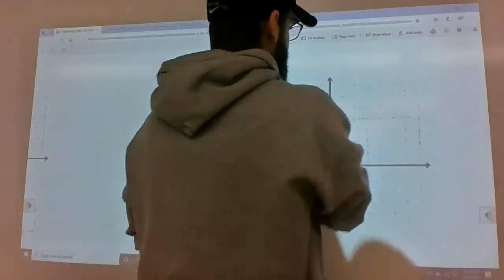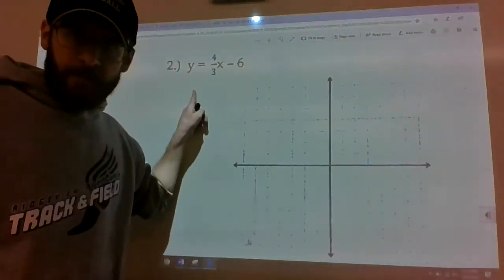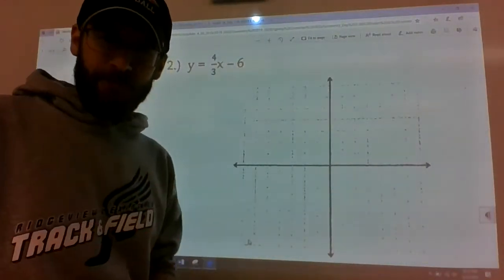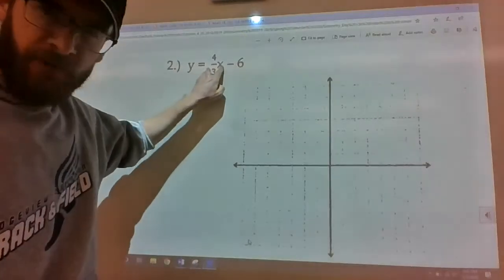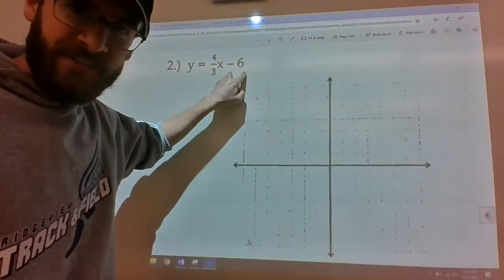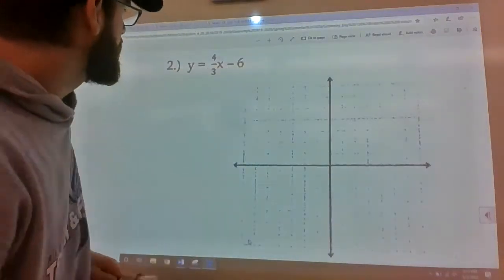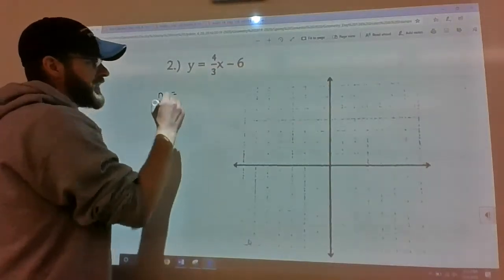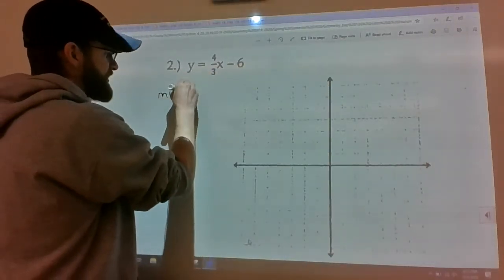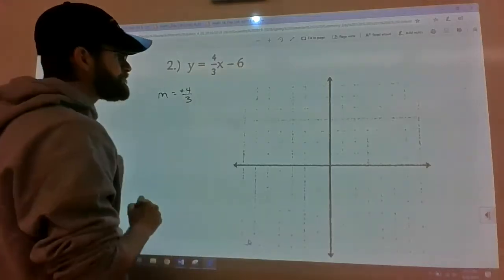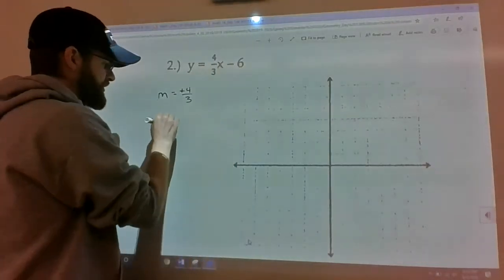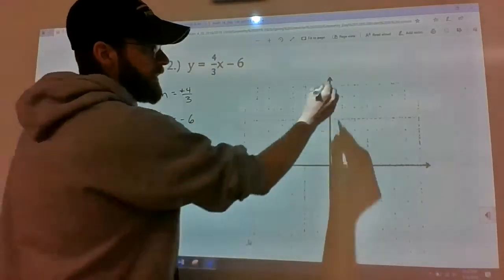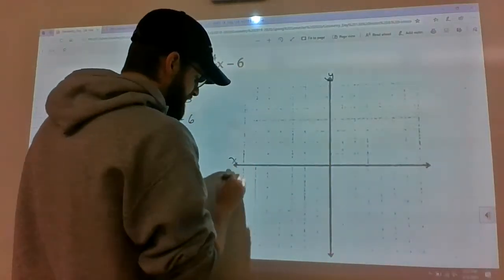Number 2 is already given to us in slope-intercept form. By the way, they call it slope-intercept form because it's written with the slope first, then the y-intercept second, slope-intercept form. Right away, we get that m is going to be a positive 4/3, and our b value is going to be negative 6. Here's my y-axis, here's my x-axis.